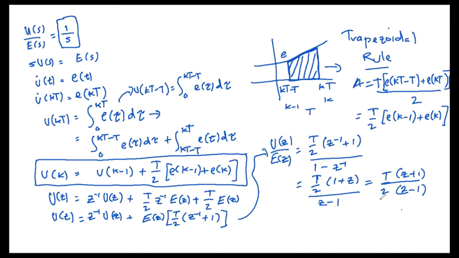So this is now equivalent to 1 over s. So 1 over s is equivalent to T over 2 times z plus 1 divided by z minus 1.